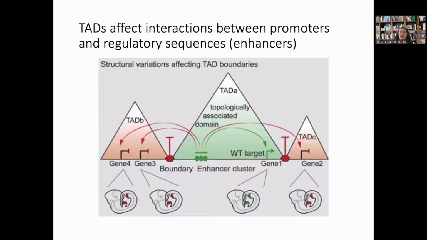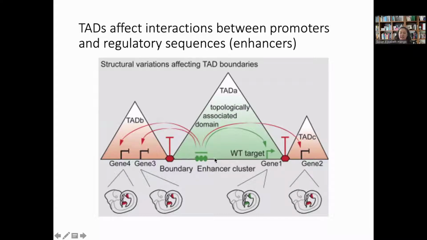And maybe some of the most interesting ideas are shown here. So this is a region in the human or mammalian genome with 4 genes. And here are the TAD boundaries. So these block interactions between the 4 genes so that you get one TAD here.